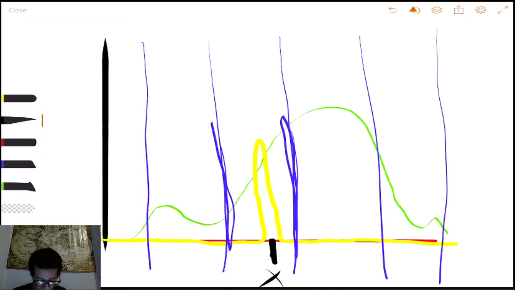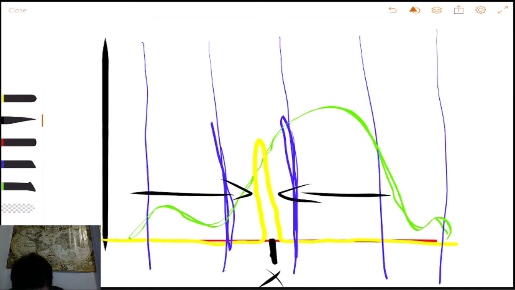And what happened here is you can see the wave function isn't tracking this green anymore. It's tracking the yellow. So you would state that the wave function has collapsed to this position.